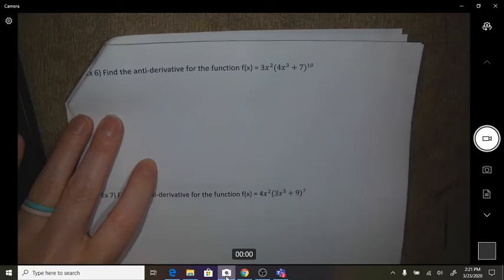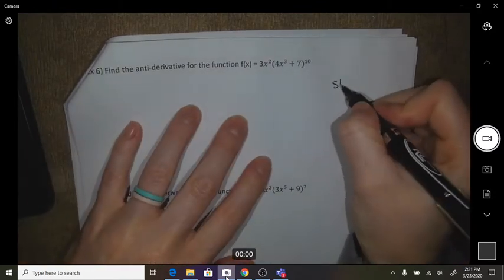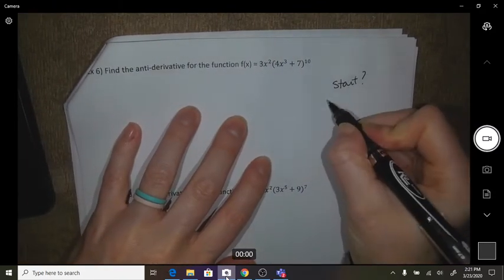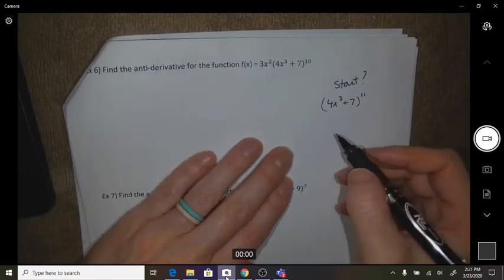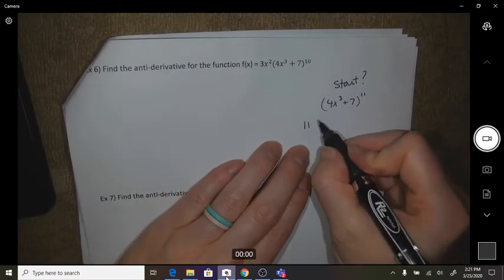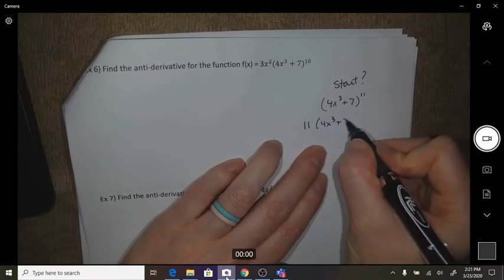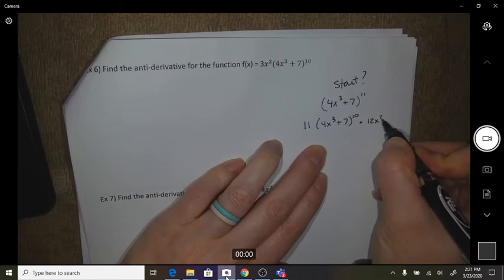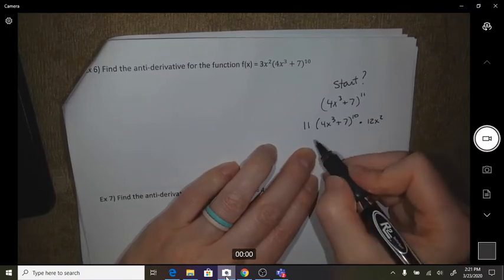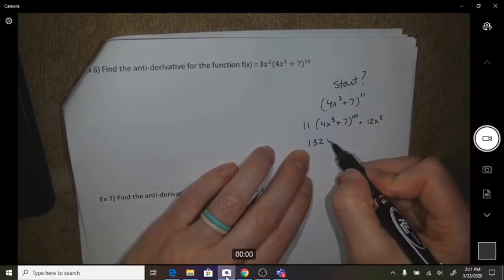Right, next one. What do you think you started with? 4x cubed plus 7 to the 11th. If we power chain rule it, 11 of those to the 10th times 12x squared, 12 times 11 is 132.